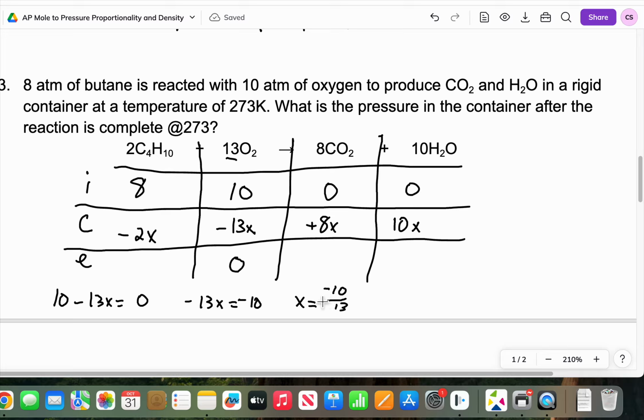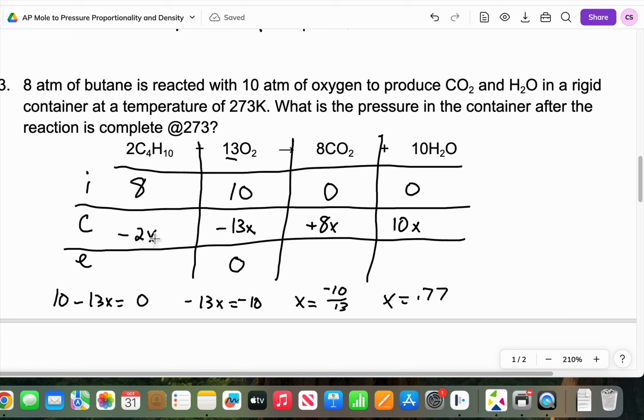I don't want to work with a fraction, so let's see, I've got to get a calculator out. 10 divided by 13 looks like it equals around 0.77. So x equals 0.77.